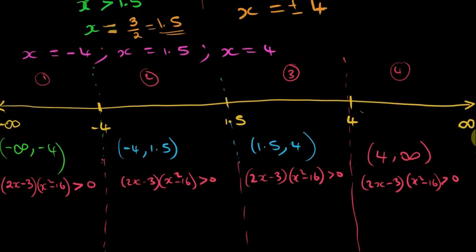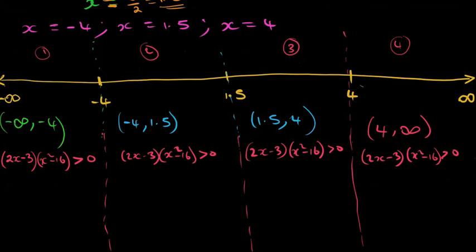We'll test out some key points, just one point from each given region. Not the zeros, but points in the regions. So for that we need to allocate points. From minus 4, all the numbers going there, we can just take a random point. Let's say minus 5 will be a random point in that region.